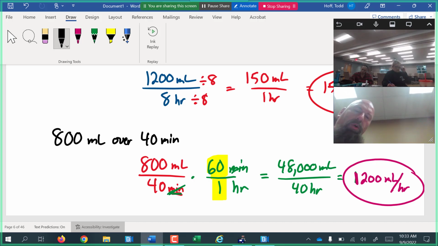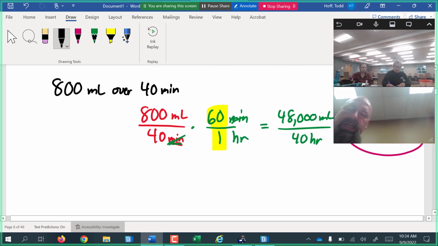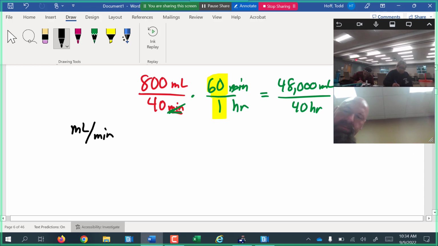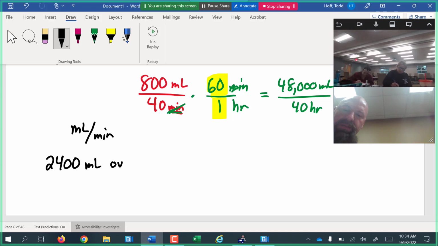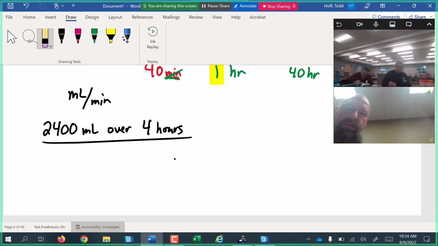More common, though, for our infusions, it's milliliters per minute that we need it set up as. So if we had something like 2,400 milliliters to be infused over 4 hours, to express that as milliliters per minute, remember, 2,400 milliliters over 4 hours.